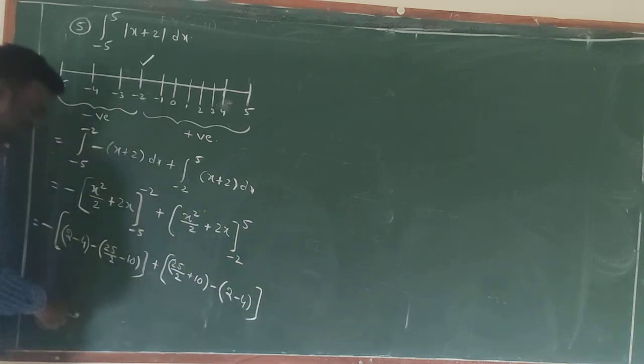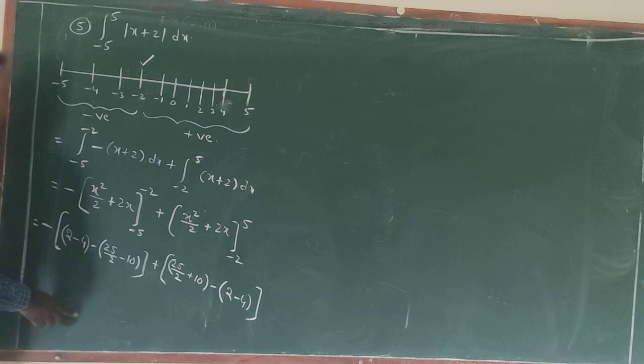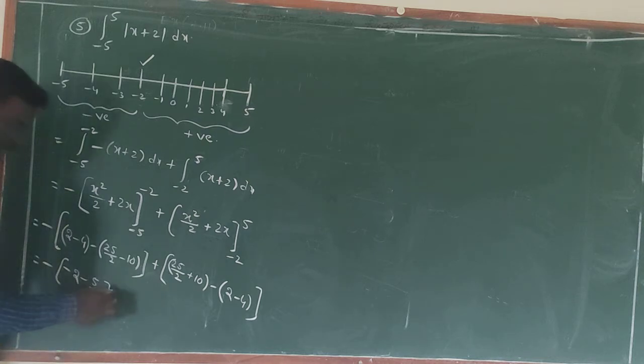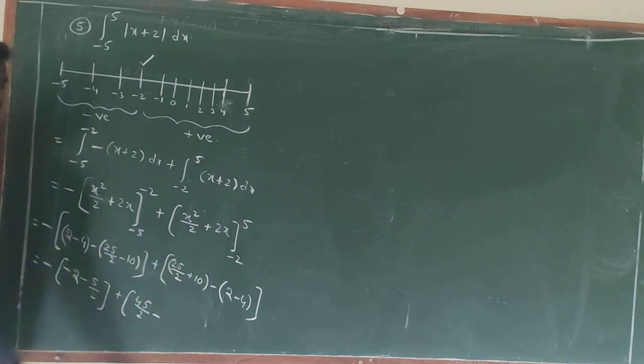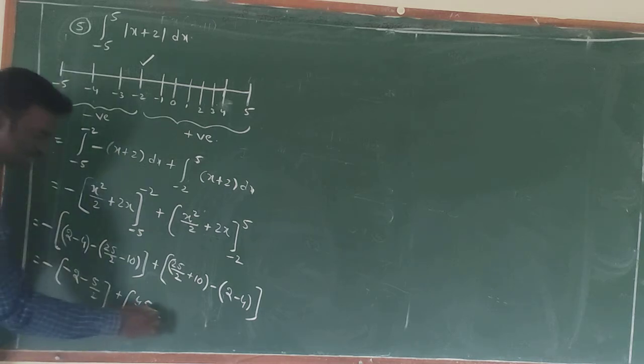If you simplify this, you will get the answer. Listen how to simplify. Minus 2 minus 4 is minus 6... minus 2 minus 4, minus 2. 25 by 2 minus 10 is nothing but 5 by 2, because 2 tens are 20 and 25 minus 20. Similarly here, 25 by 2 plus 10 is 45 by 2. Minus 2 minus 4 minus 2, already minus is there, plus 2.